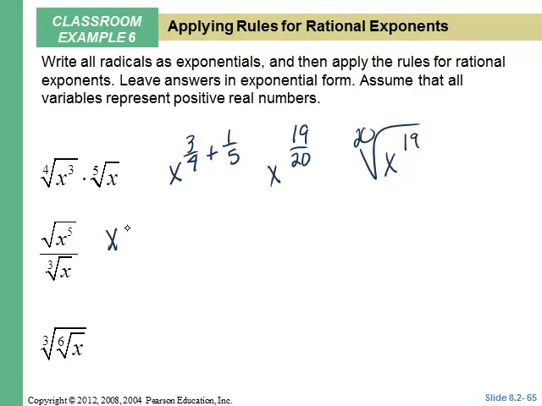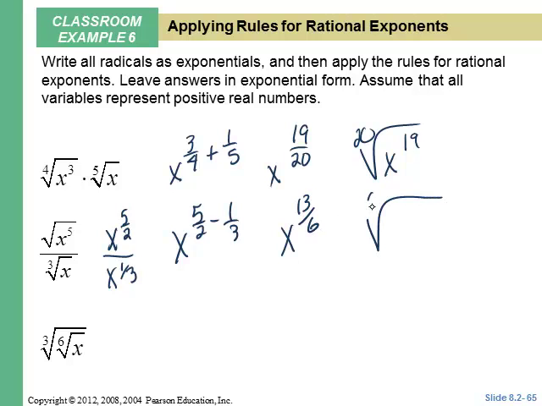This is x to the 5/2 over x to the 1/3. So it's x to the 5/2 minus 1/3. Those are sixths. So that's 15/6 minus 2/6, which is x to the 13/6, which is the 6th root of x to the 13th.